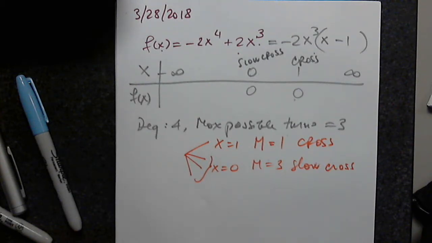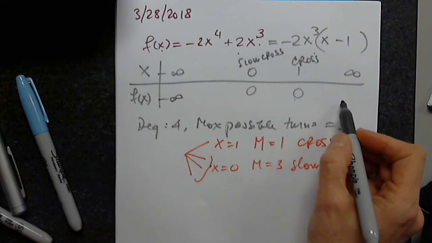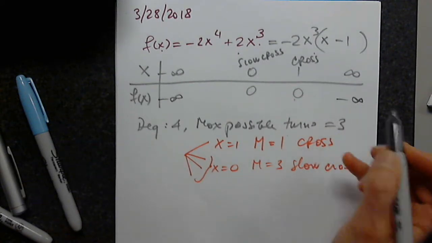Good. Leading coefficient? Negative 2. Good. Which means, does it do this or does it do this? The second one, of course, which means the end behavior is negative. Very good.